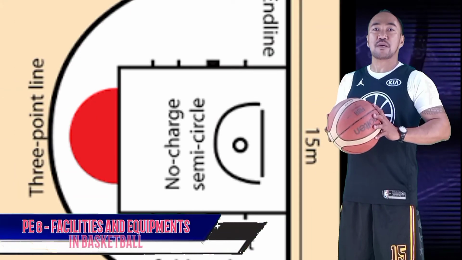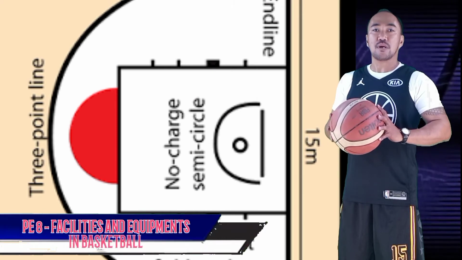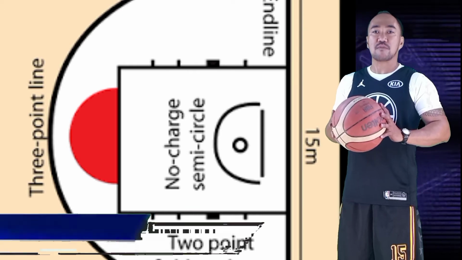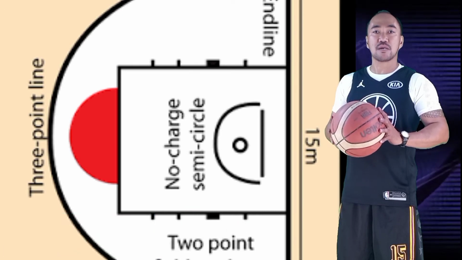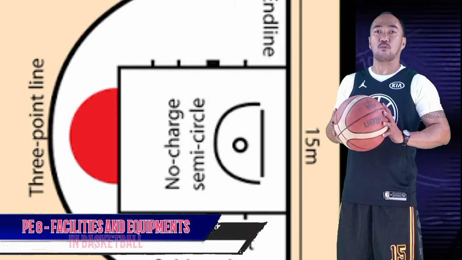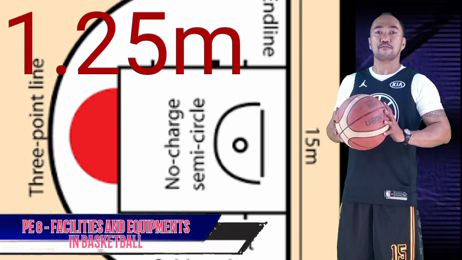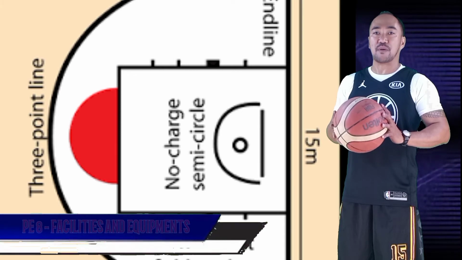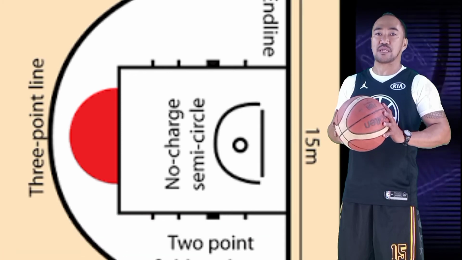No-charge semicircle area. No-charge semicircle lines shall be marked on the playing court, limited by a semicircle with a radius of 1.25 meters measured from the point on the floor beneath the exact center of the basket to the inner edge of the semicircle.